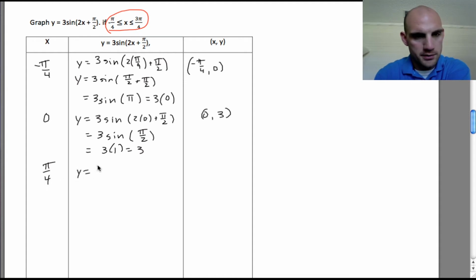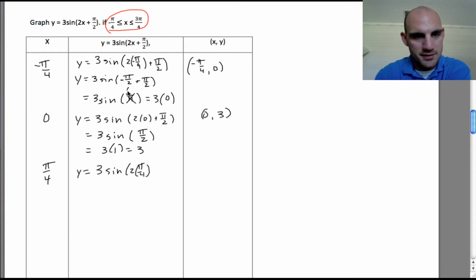So I've got y equals 3 times the sine of 2 times pi over 4. I think I made a boo-boo there, guys. This should be negative pi over 4. So this is negative pi over 2 plus pi over 2.